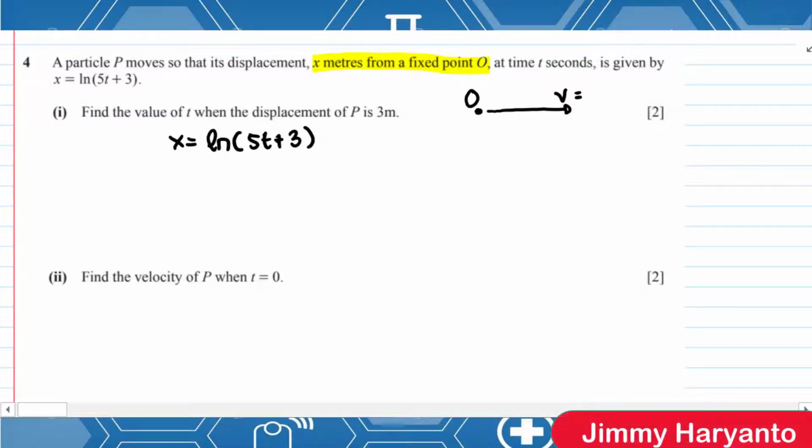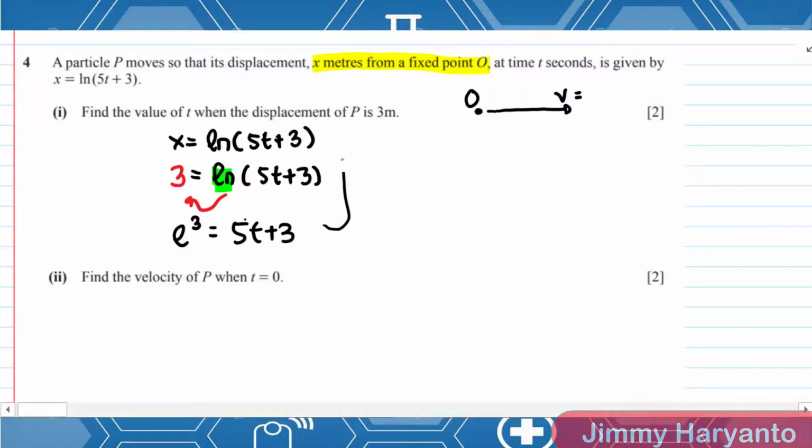Find the value of t when the displacement is 3. The displacement is already given as 3. So you put 3 right there, equals ln(5t plus 3). After that, you can move the ln to the left side. When you move ln, it will be e to the power of 3 equals 5t plus 3. Use your algebra skills: e to the power of 3 minus 3, over 5, equals t.